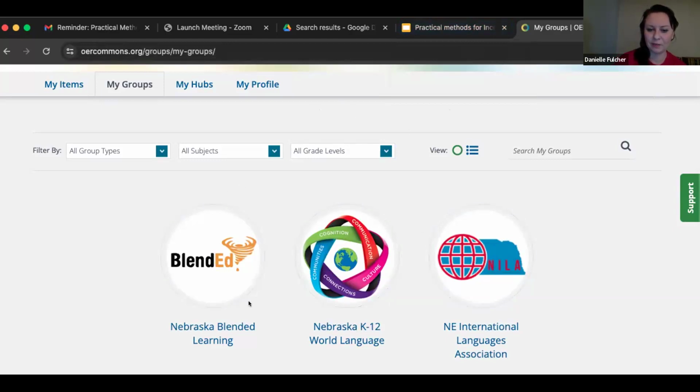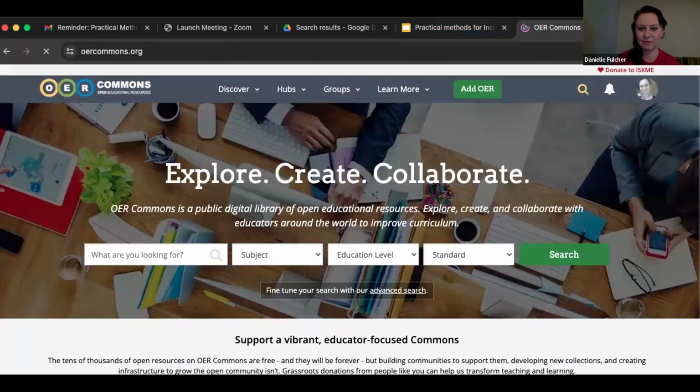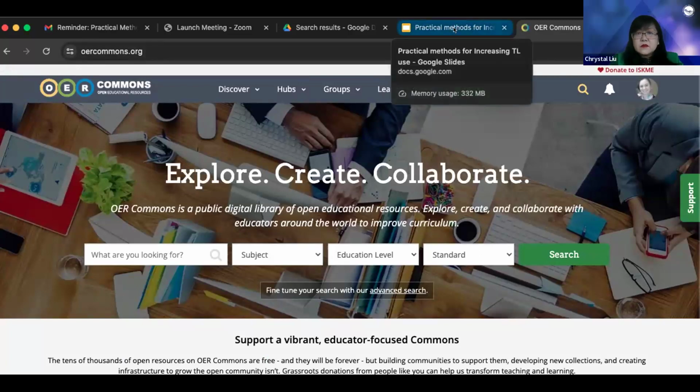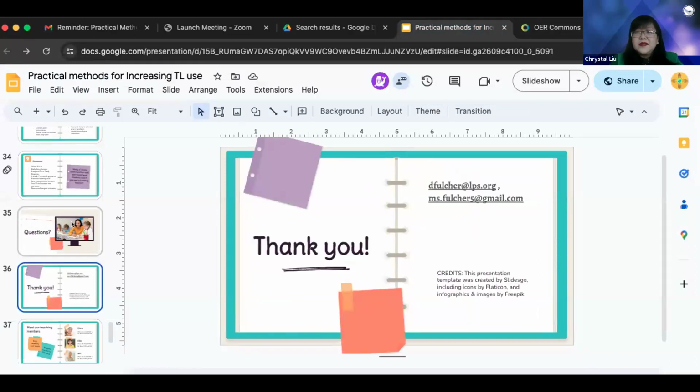And here we also have a bunch of different world language resources from all different languages. So if you are looking for more ideas or more digital resources, this is one place where you can definitely go to find them. Yeah, this is awesome.